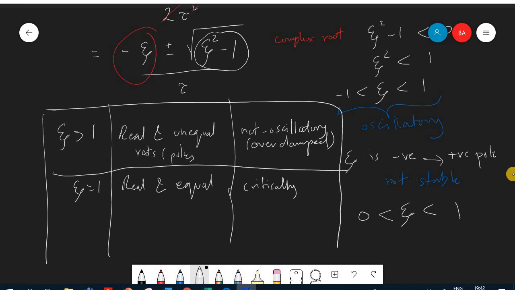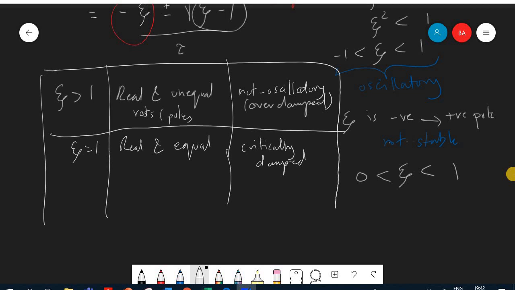Critically damped means it is a stage between an overdamped and an underdamped process, or between being not oscillatory and oscillatory, and that's why they call it critical. It looks like the overdamped.